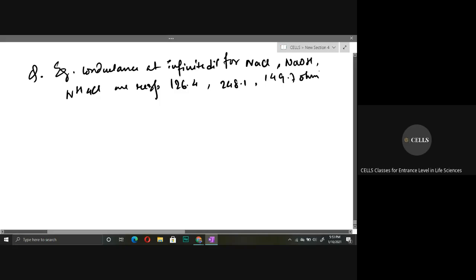The unit is ohm inverse centimeter square.